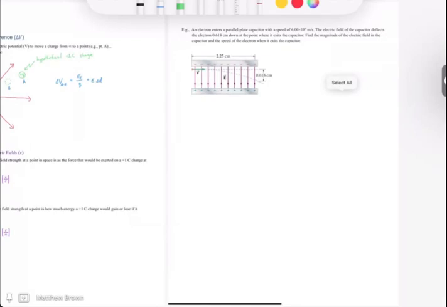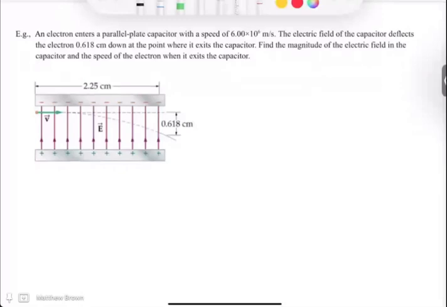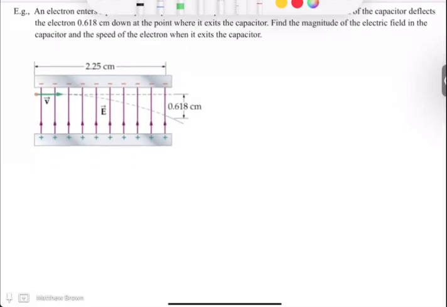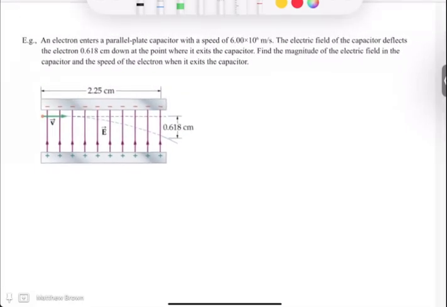Okay, I have one slightly more involved question where we're going to use this, and it goes all the way back to kinematics and everything. So here we've got an electron that enters a parallel plate capacitor with a speed of 6 times 10 to the 6 meters per second. Pretty fast, but for an electron, I suppose that's the typical speed.